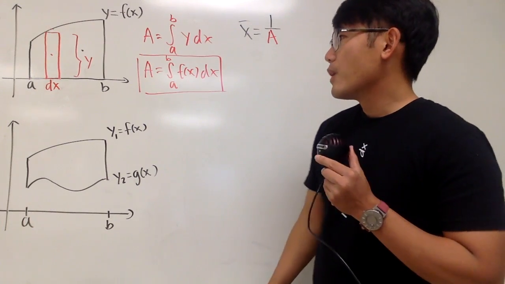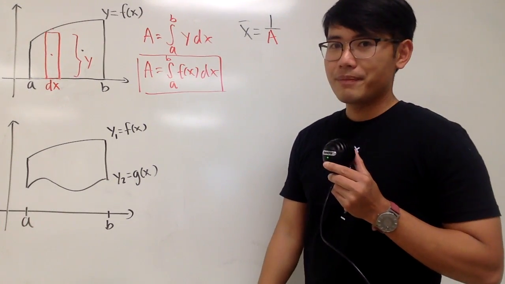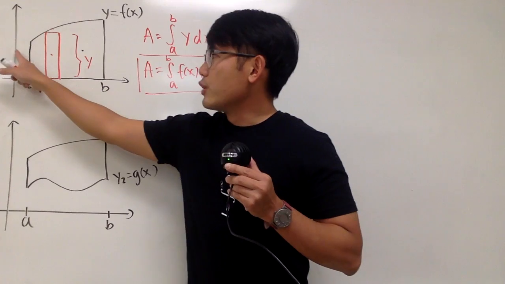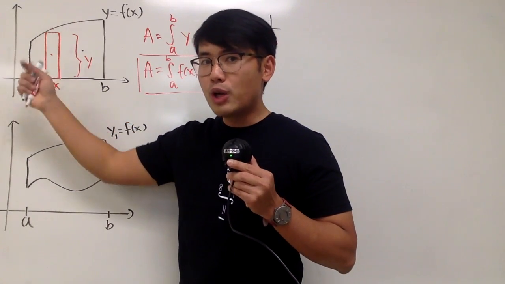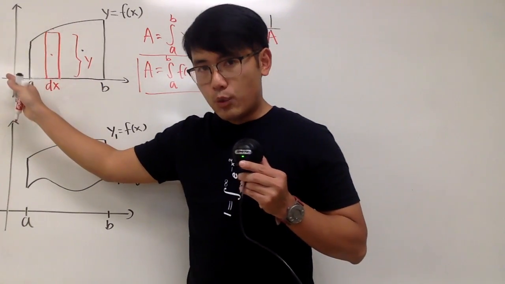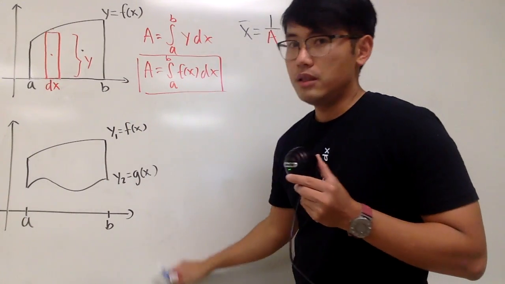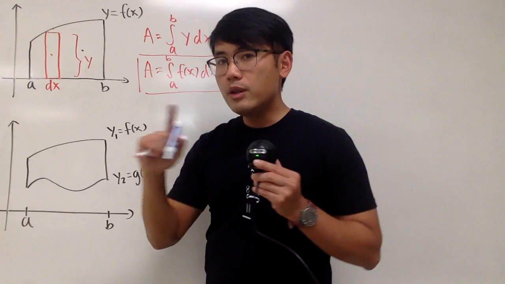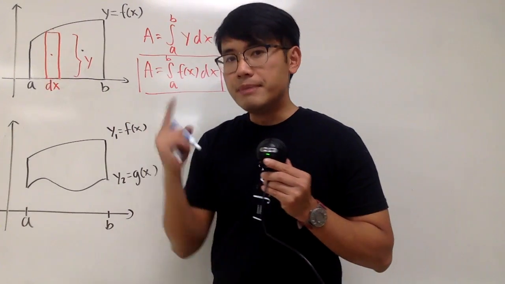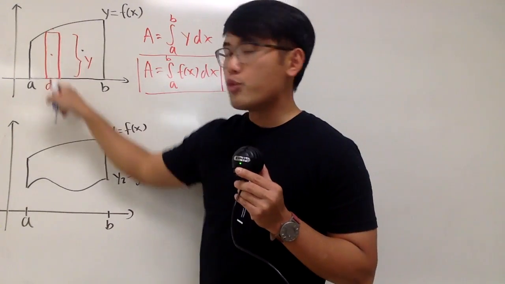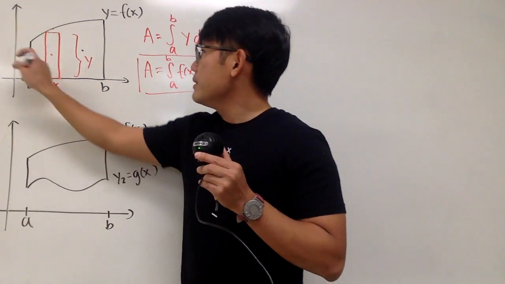Now, well, we are going to do the following. X coordinates, so you have to count, right? You have to keep track of distance from the y-axis horizontally to here. And that distance is precisely x. And this dot right here, it's meant to be the centroid of this red rectangle, right? Well, let's see.